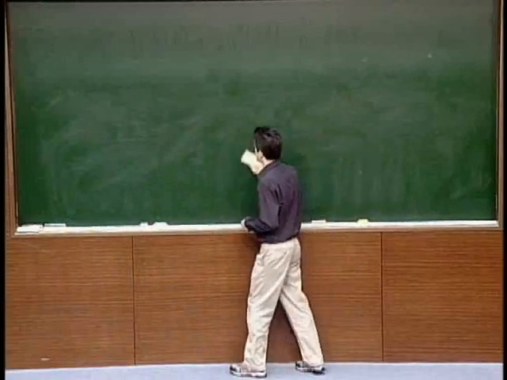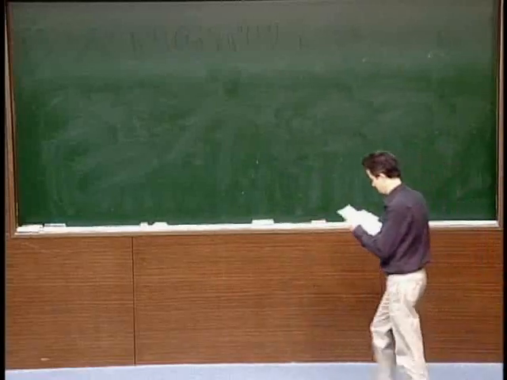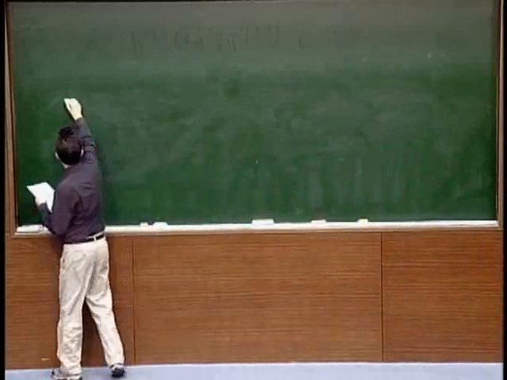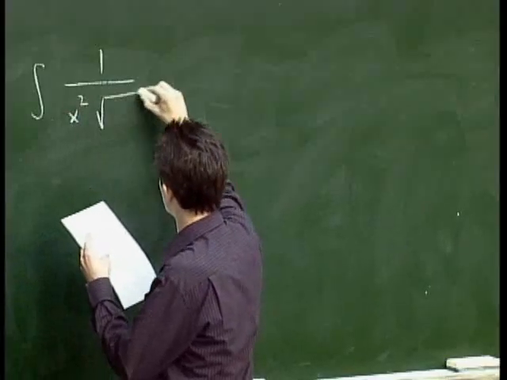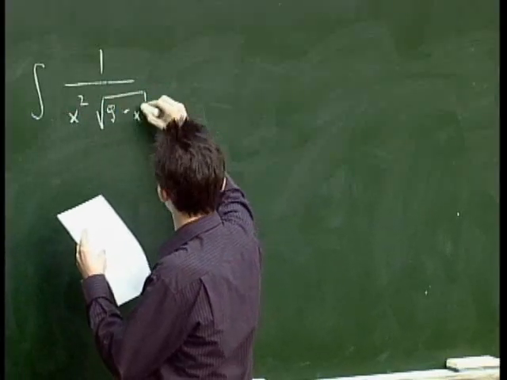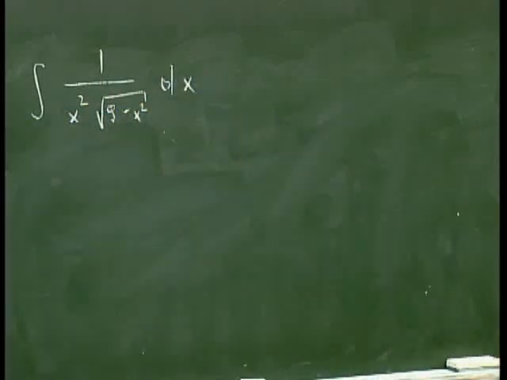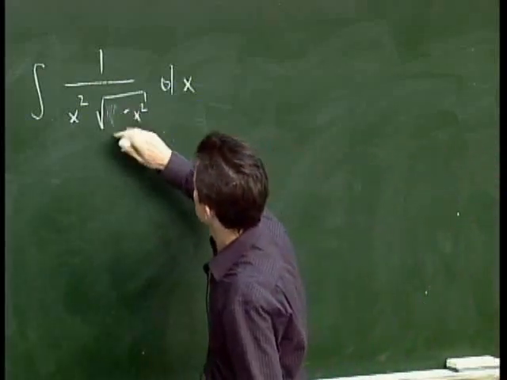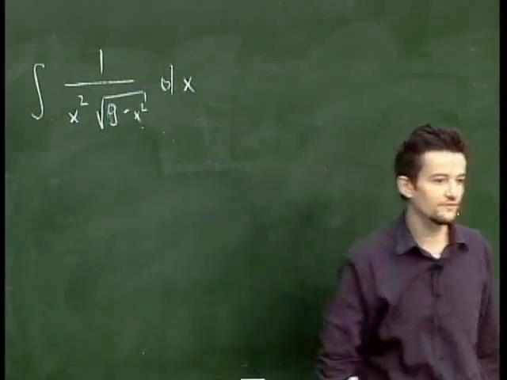Now, let's look at some examples to see how this works. For instance, if you have this integral, 1 over x squared times the square root of 9 minus x squared dx, we see here this kind of square root.